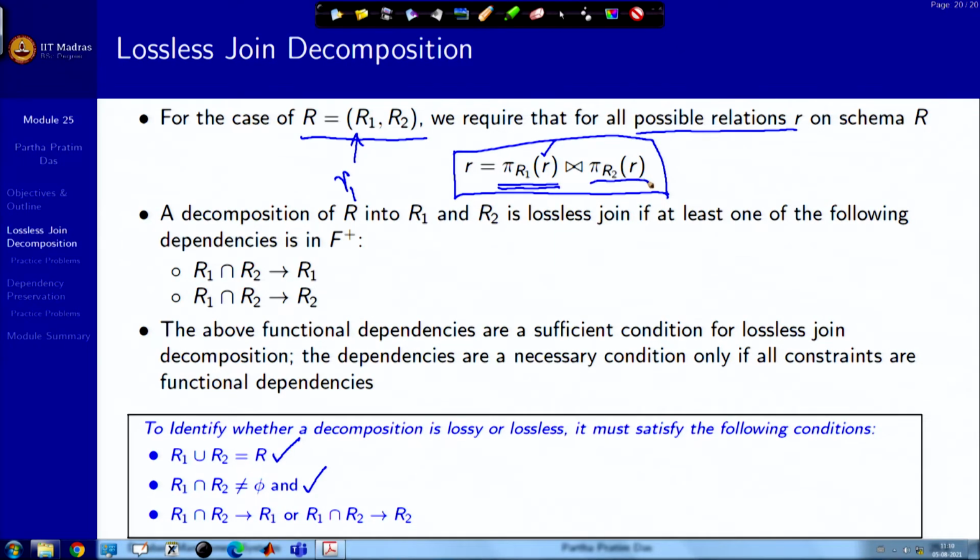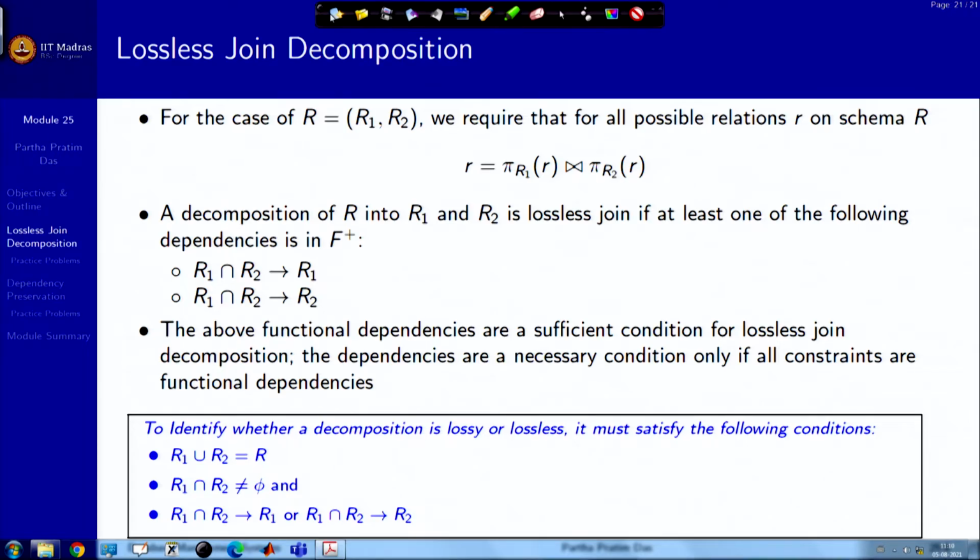And if you take a projection of r with respect to R2, you get an instance r2 with respect to the relational schema R2. If you take a natural join between them, because I assume that there is some common attribute, based on that you can take a natural join, you must get this back.